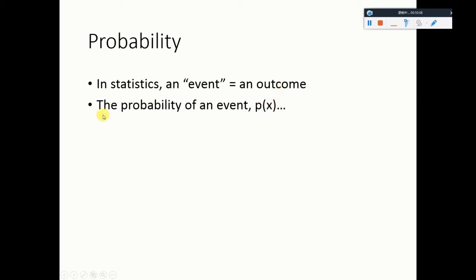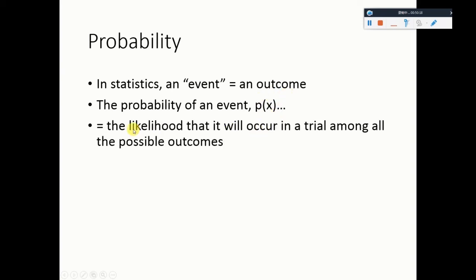So we'll denote the probability of an event represented by x as the chance of an outcome to be observed, that is, the likelihood that this particular event will occur in a trial, in an observation, among all possible outcomes.